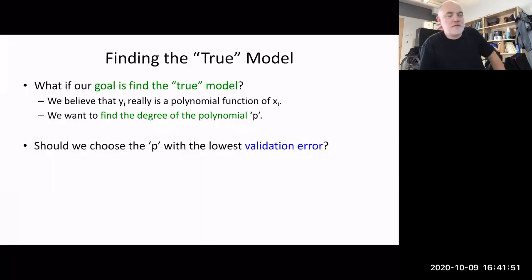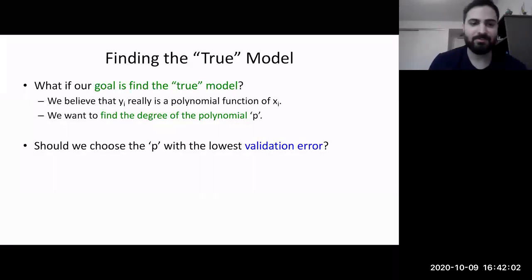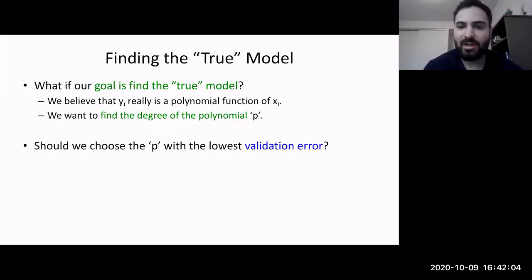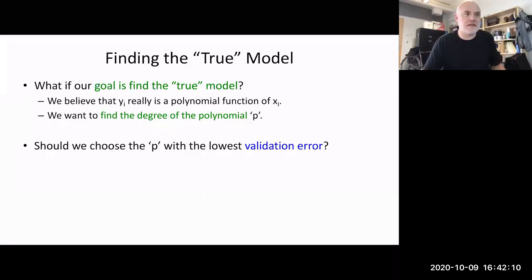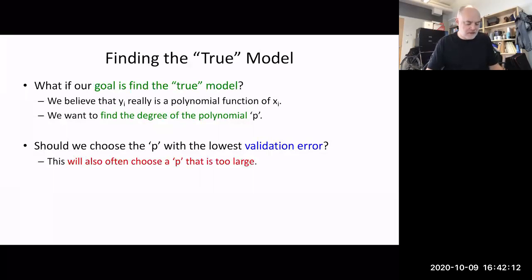So should we choose the p with the lowest validation error? That makes more sense, I guess. But well, that also will result in large p, right? It can, and that's the point. So again, validation error for the win, maybe.